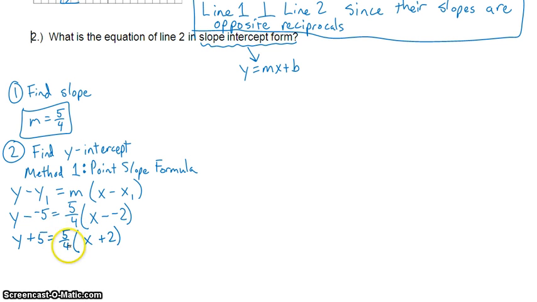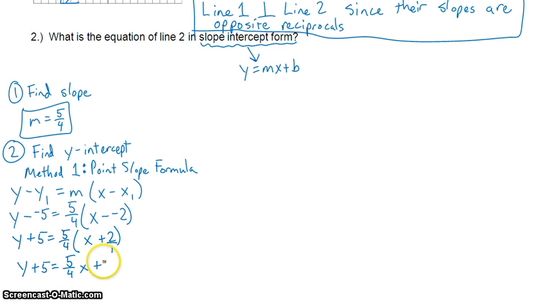Now I need to distribute this 5/4 into the parentheses. y plus 5 equals 5/4 times x plus 5/4 times 2. In order to multiply a fraction by a number, I'm going to make this 2 a fraction and multiply straight across. 5 times 2 is 10. 4 times 1 is 4.